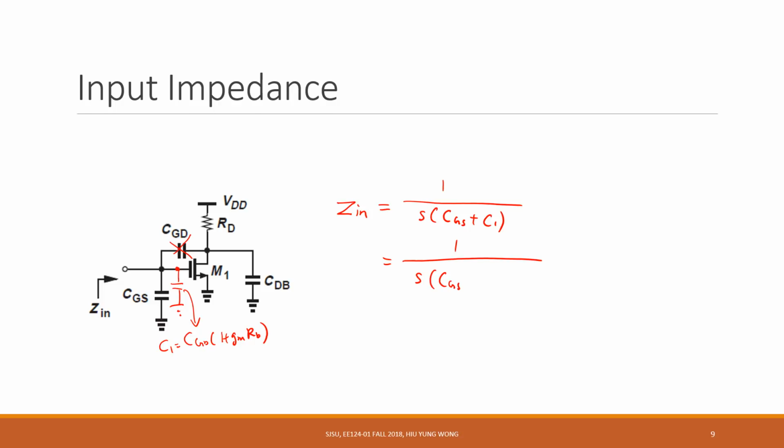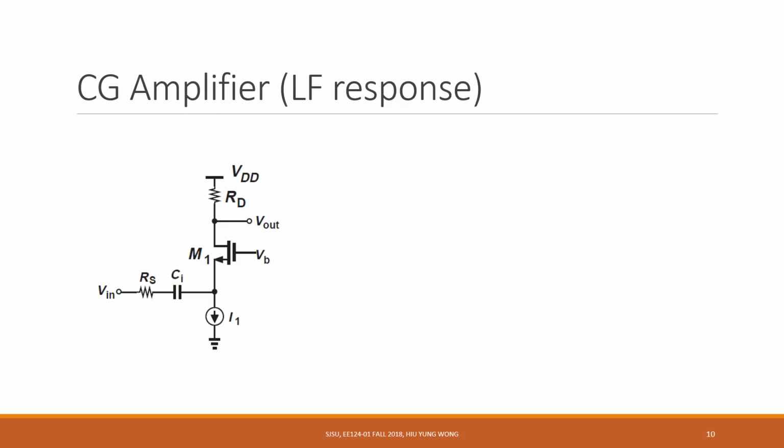C1 is CGS plus CGD times (1 plus gm RD). Okay? So you see the Miller capacitor not only helps us find the pole, but can also help us find the input impedance and output impedance. Okay, good. So we are done with the common source amplifier.